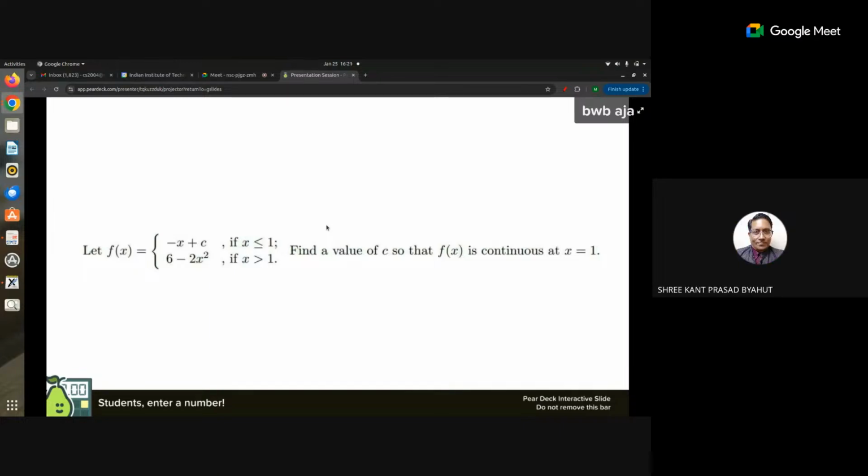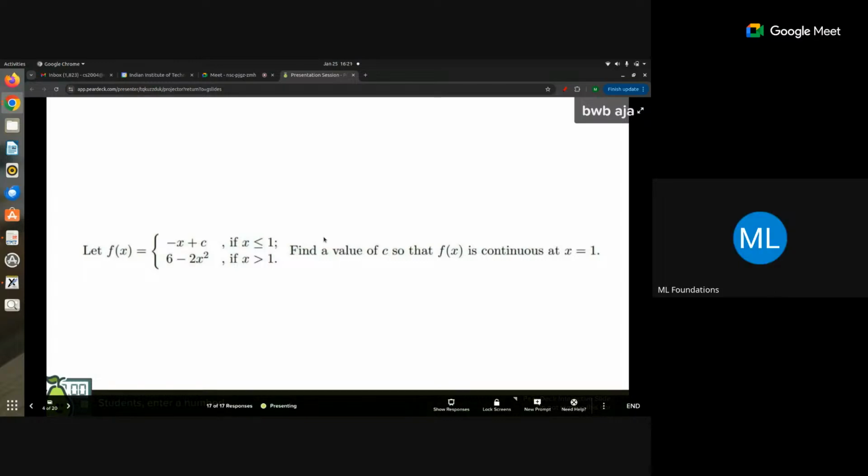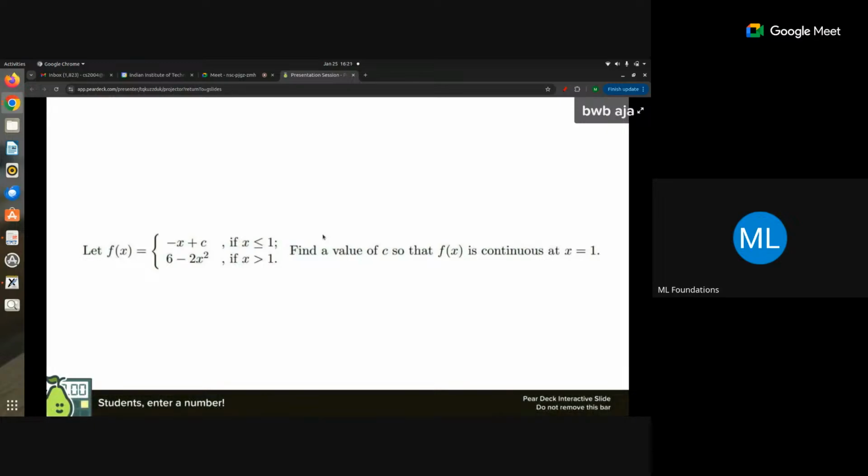Okay, so mostly MLT will be very theoretical. Then in MLP you will be dealing with machine learning models through Python, right? So how to build the machine learning models through Python.